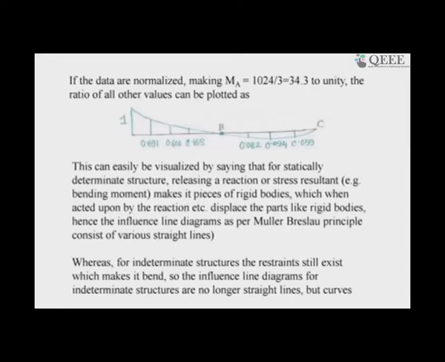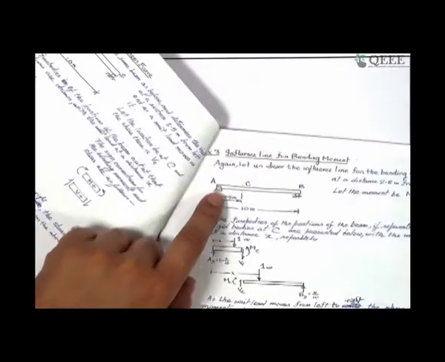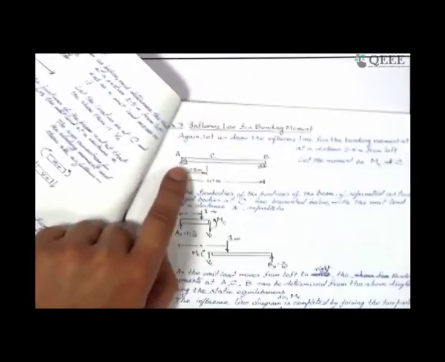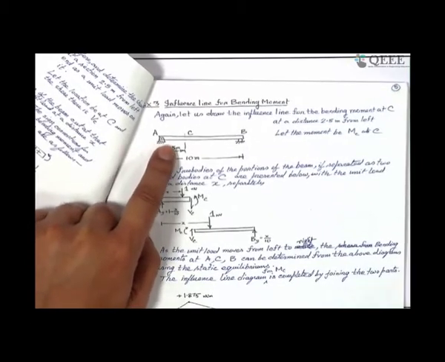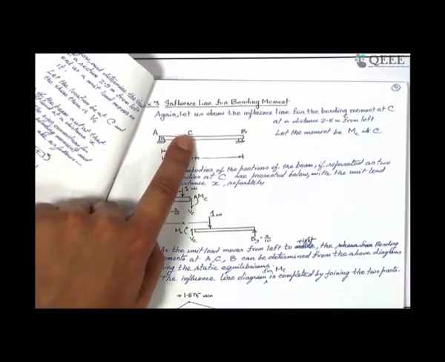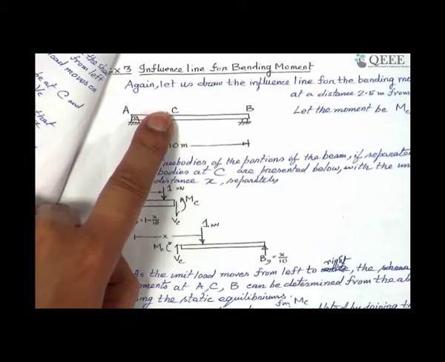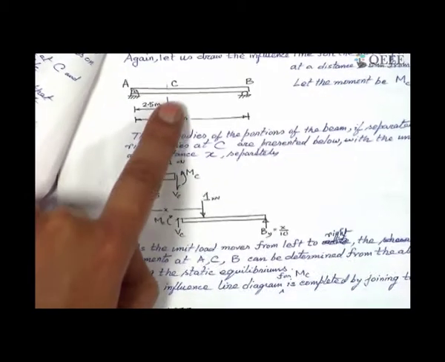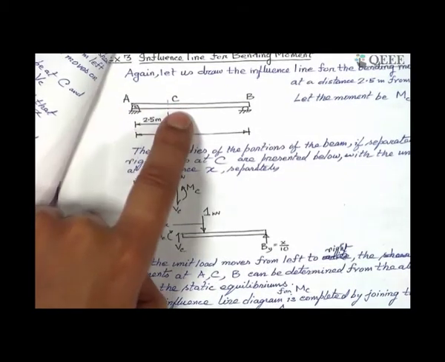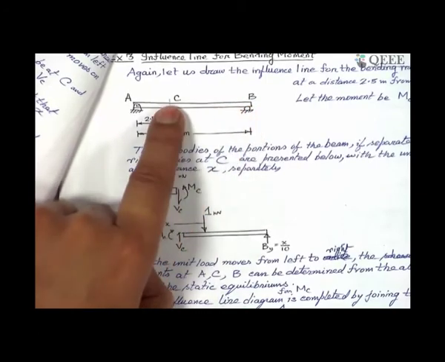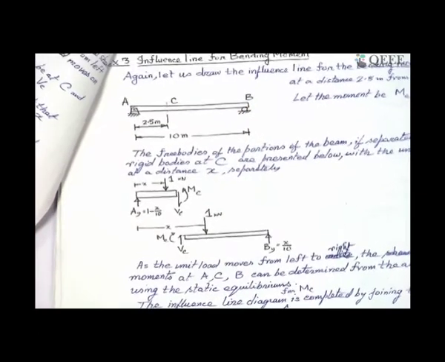I can show you once again: if you recollect the influence line diagram for bending moment, if you introduce a hinge here, this part and this part will move as a rigid body if you apply moments, like breaking it.